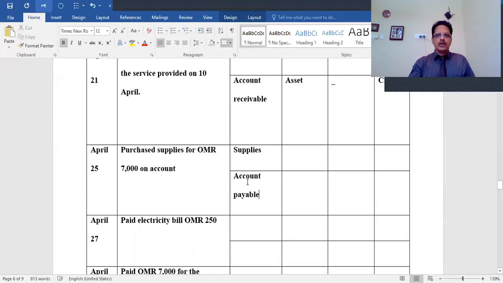So one account is supplies, the other is account payable. Supplies you can treat as an expense or it can be an asset. So suppose it is an expense. And account payable is always, you know already, money is to be paid. Liability. It is another liability.